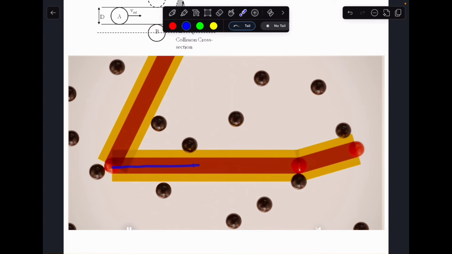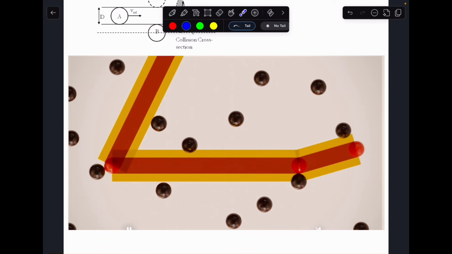This is the molecule path, and this is the collision cylinder. Here, after reaching this particular place, the molecule is coming into contact with this molecule, because its center is lying inside the collision cylinder. Because of this, the direction of the gas molecule is changed. Now the gas molecule is moving in this direction.